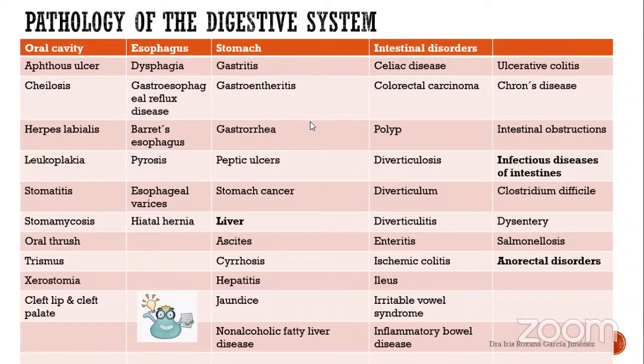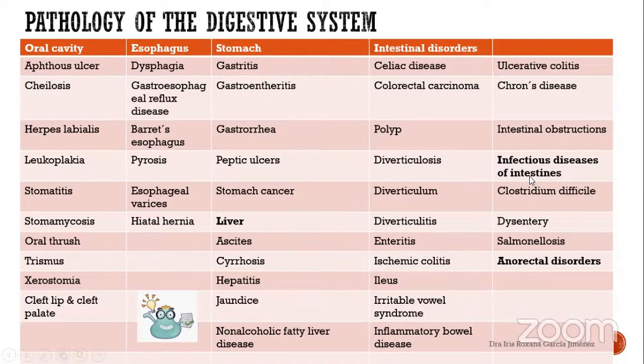Liver. Let's talk about ascites, cirrhosis, hepatitis, jaundice, non-alcoholic fatty liver disease. Intestinal disorders: celiac disease, colorectal carcinoma, polyp, diverticulosis, diverticulum, diverticulitis, enteritis, ischemic colitis, ileus, irritable bowel syndrome, inflammatory bowel disease, ulcerative colitis, Crohn's disease, intestinal obstructions.